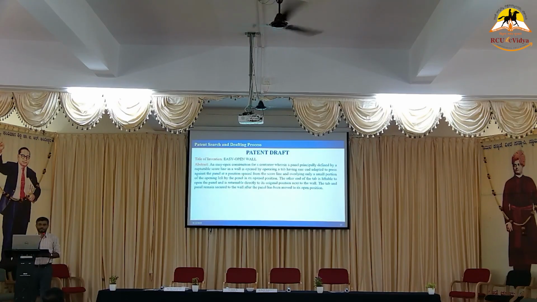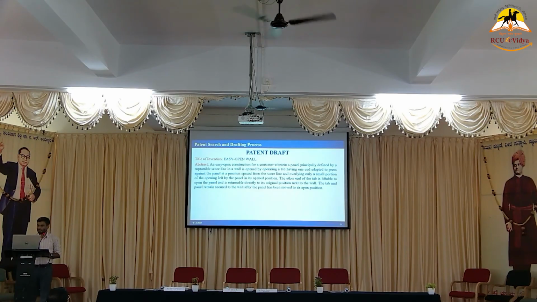Then abstract. I want everyone to read. An easy open construction for a container wherein a panel principally defined by a rupturable score line in a wall is opened by operating a tab having one end adapted to press against a panel at a position spaced from the score line and overlying only a small portion of the opening left by a panel in its open position.